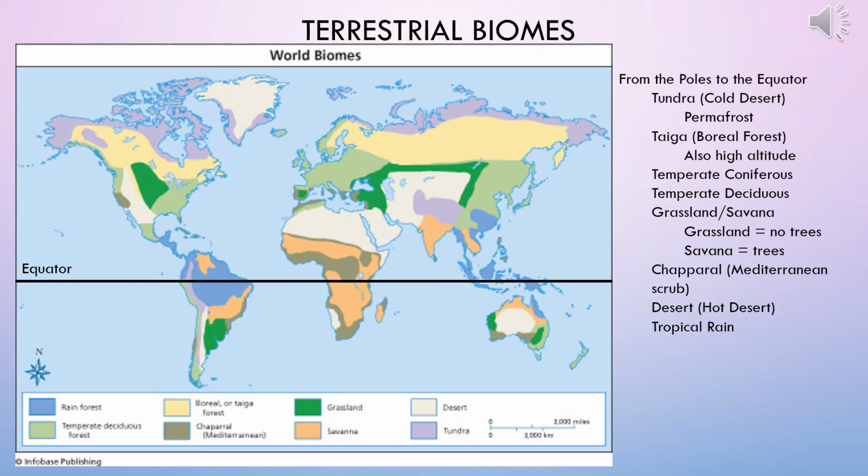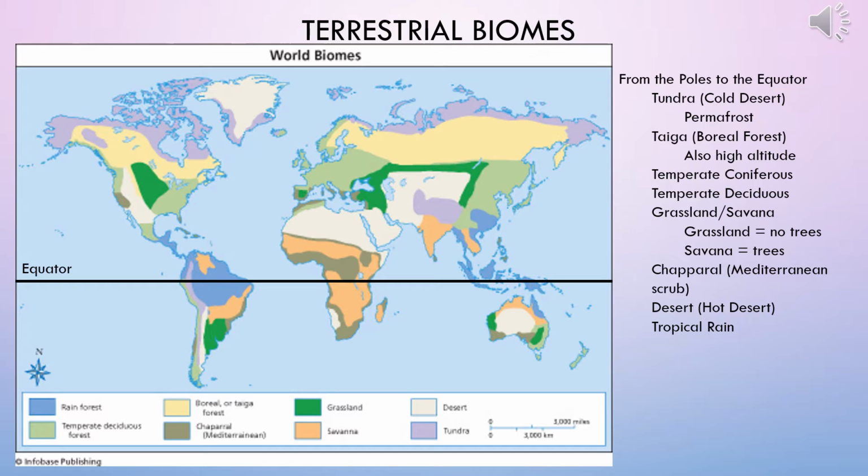As you move further down and start moving laterally, you're going to experience grasslands or savannas. These are two different types of ecosystems that share characteristics except for one. A grassland is what you might find in the United States, your Midwestern Iowa, Indiana, all of those flat areas.